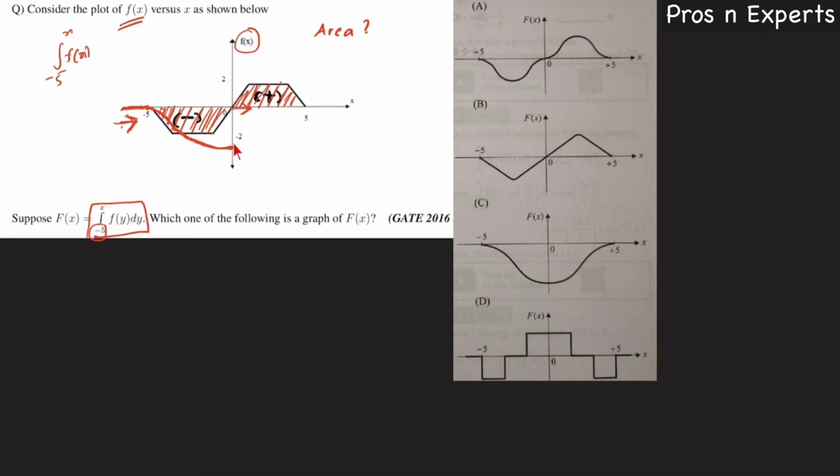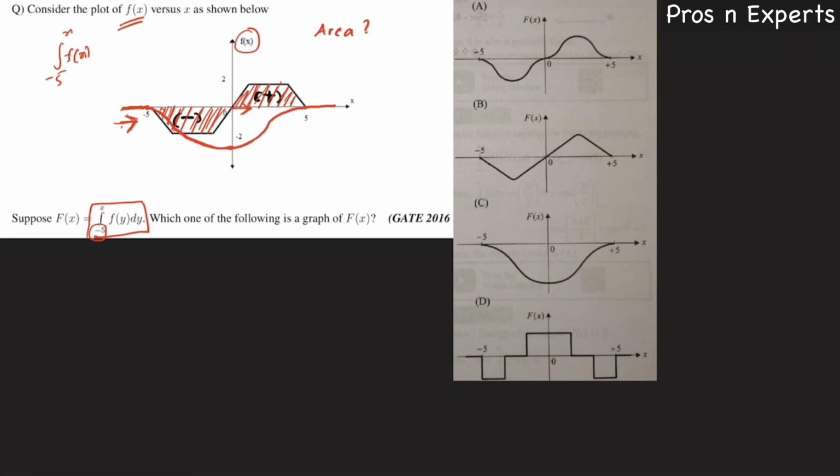This negative area reduces. So the graph goes equal and opposite. And finally at x equal to 5, this positive area just becomes equal to the negative area, so the resultant is 0. So after 5, the resultant is 0.